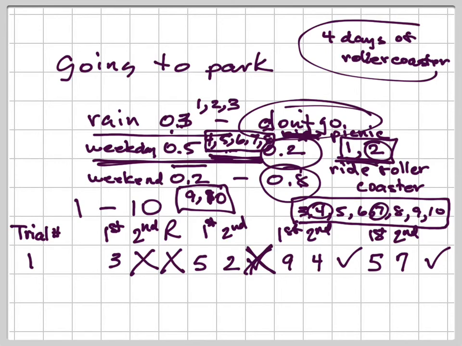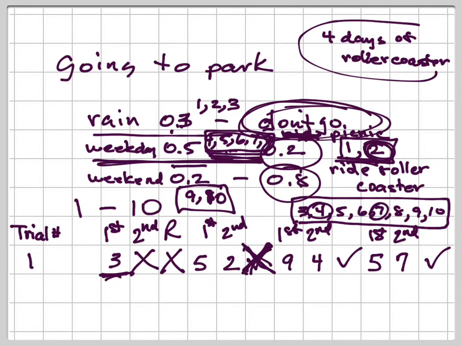Again, you're going to have two different sets, but be careful. If one is don't go, then that's automatically an X. Here, this was an X because 5 means we're going, but 2 means we didn't ride the roller coaster, we went on the picnic instead. So that was a not roller coaster.